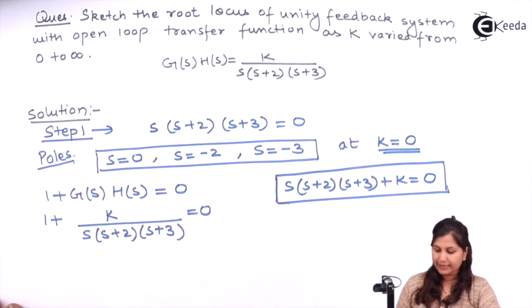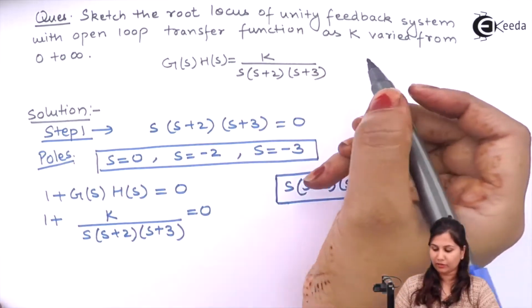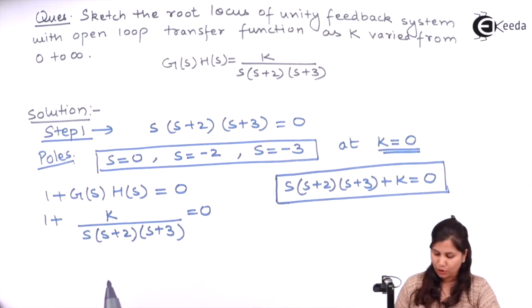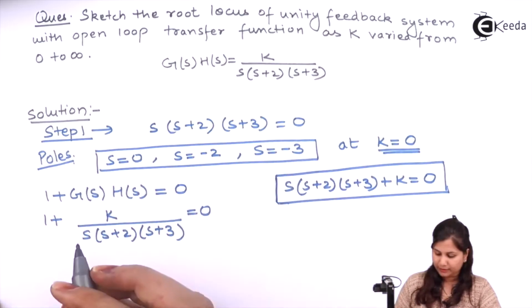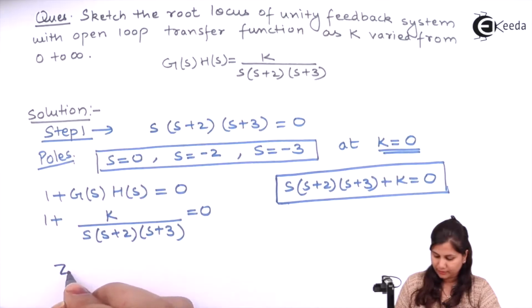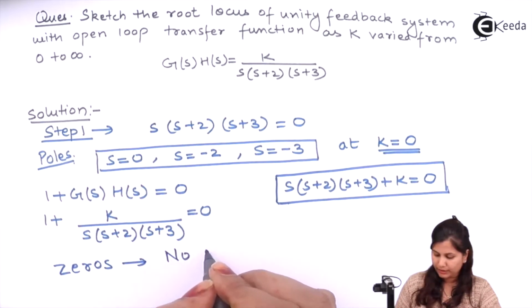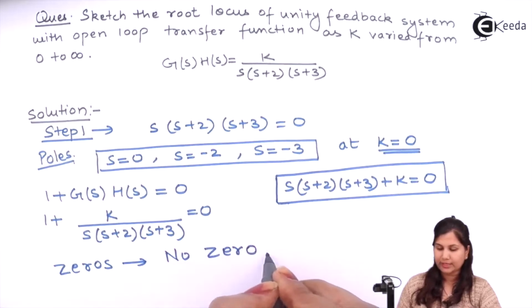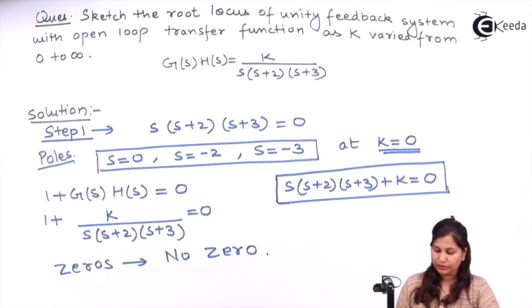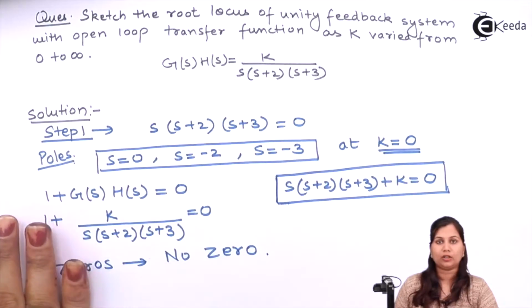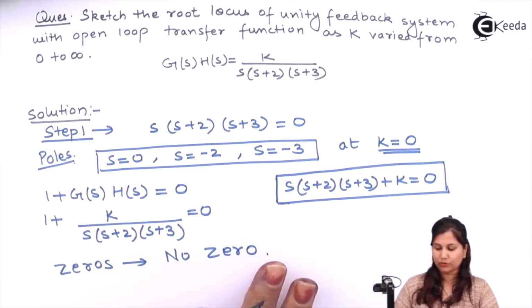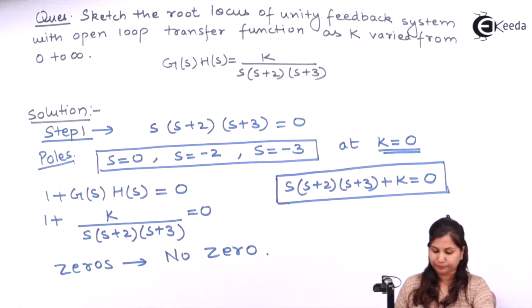And zeros, we are not having any zero for this system. So in the first step we have obtained the open loop poles and zeros of this system.